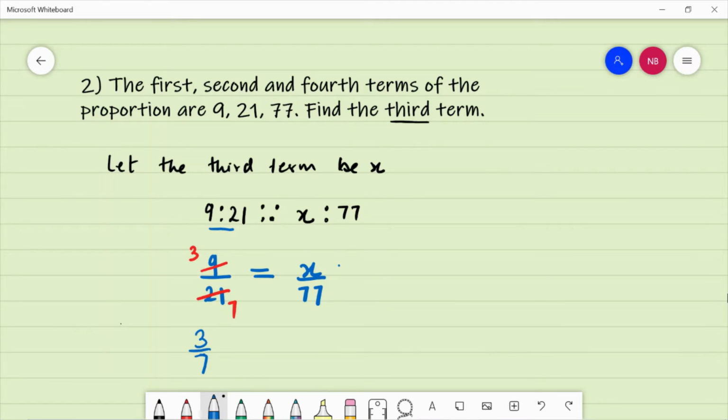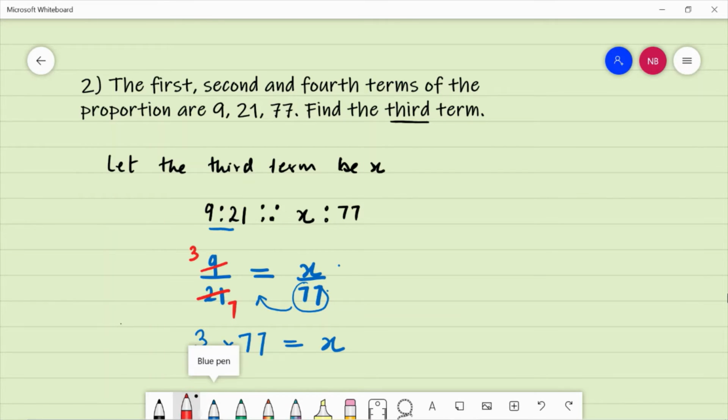Now I have to bring this 77 over to my left hand side. So what will I do? I'll transpose it and multiply by 77, which is equal to x. I hope you know that when x is divided by 77 on my right hand side and I move 77 to my left hand side, we change the operation. We are dividing here, so on the other side it becomes multiplication. That's the reason.